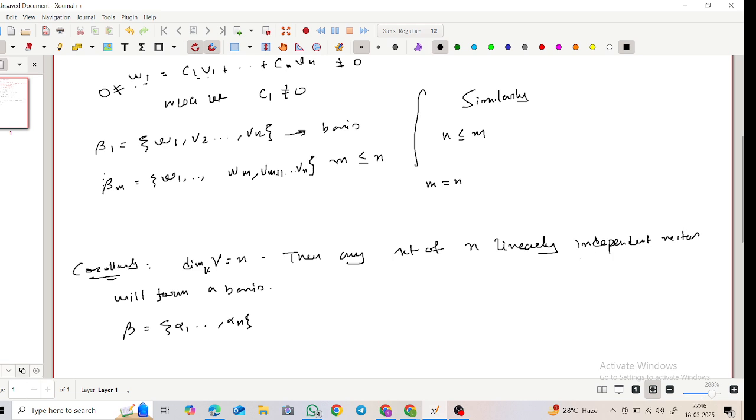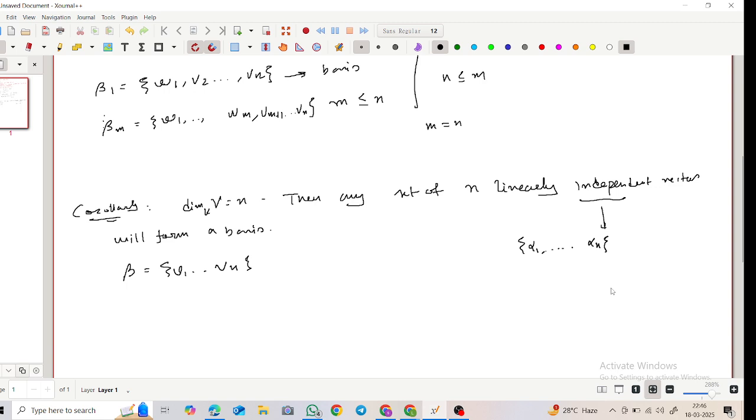And you have these n linearly independent vectors, or maybe say V1 to Vn as above, okay? Yes. This is a basis and these are any linearly independent vectors.